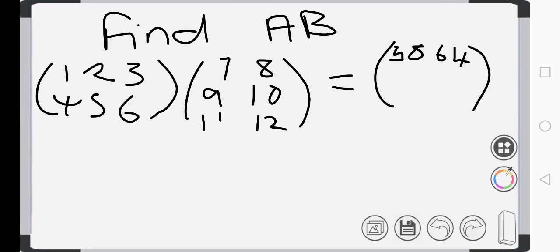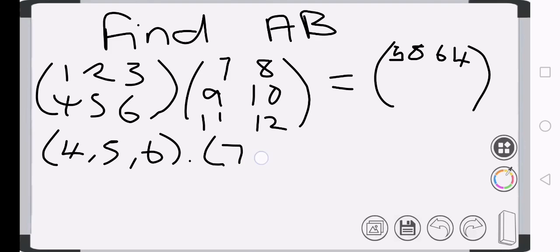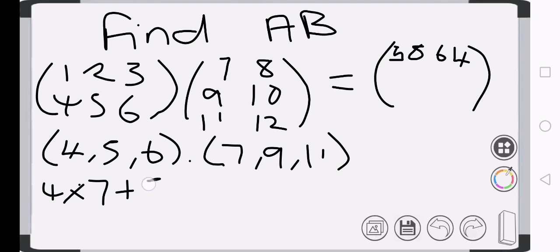Now we're done with the top row. Now we go to the bottom row. So this row by this column. Same process. 4, 5, 6 multiplied by 7, 9, 11. So 4 times 7 plus 5 times 9 plus 6 times 11.